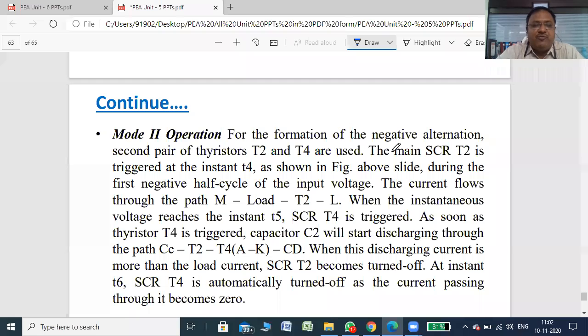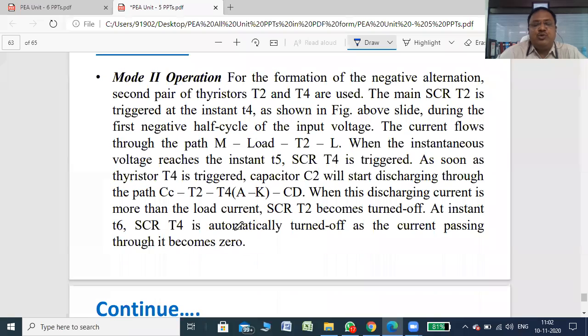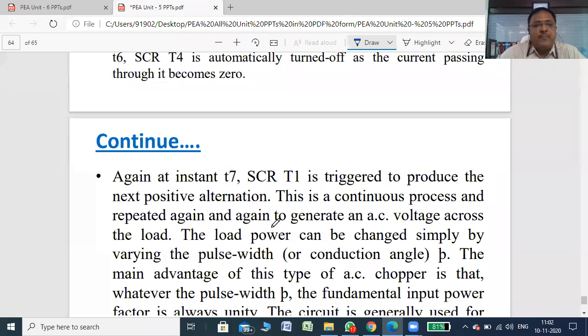As soon as SCR T4 is triggered, the capacitor C2 will discharge through the path CC, T2, T4, A, K, CD. When this discharging current is more than the load current, then SCR T2 turns off. At the instant T6, SCR T4 automatically turns off due to the zero crossing point.